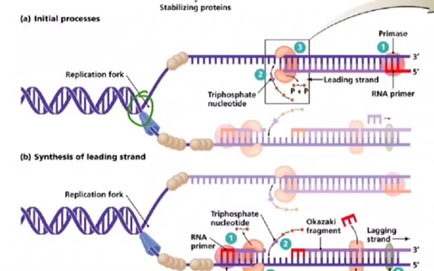There's a simple rule that's followed here. The new DNA strand is constructed always from the 5' to the 3' direction. So the new nucleotides, as you can see here, are added from the 5' end through to the 3' end.